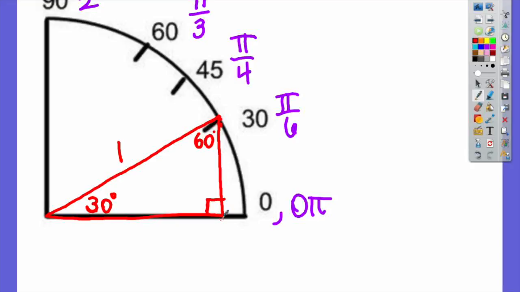Now let's see who took their notes. Do you remember your reference page? I think it was on page 61. Can you flip back to that? This is a 30, 60, 90 degree triangle. And remember, I gave you like a little cutout reference to help you with that.